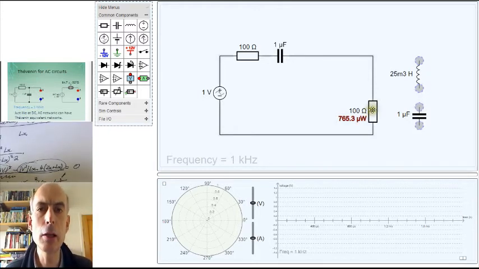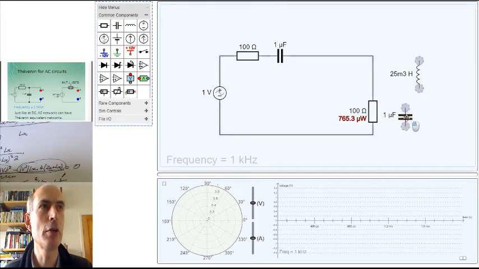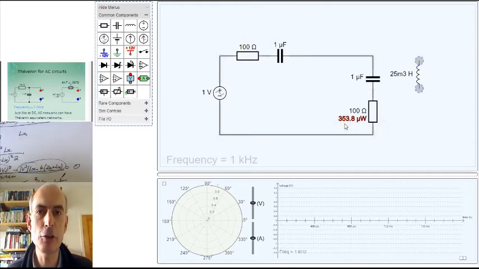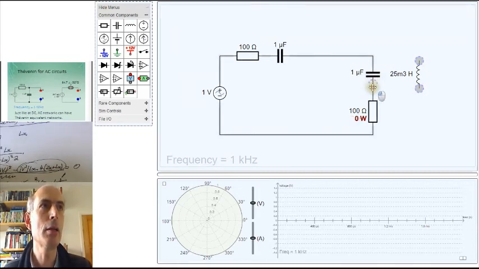If I made my load have the same impedance as the source, that would involve putting a 1 microfarad capacitor in series with my load so that my load had exactly the same complex impedance as my source. And the power dissipated in the load, remember it's only resistors which dissipate active power, is 353.8 microwatts.